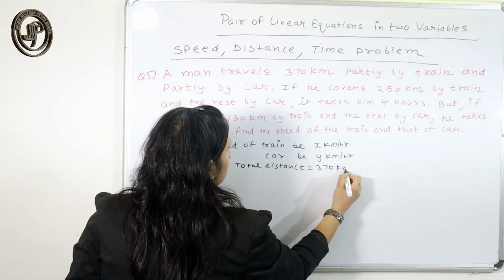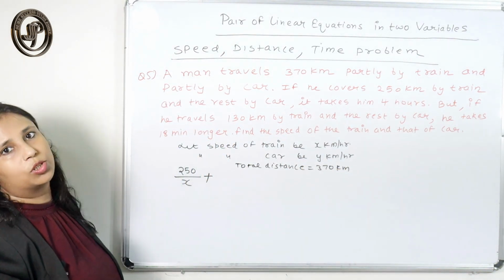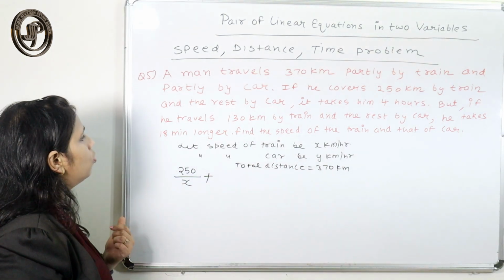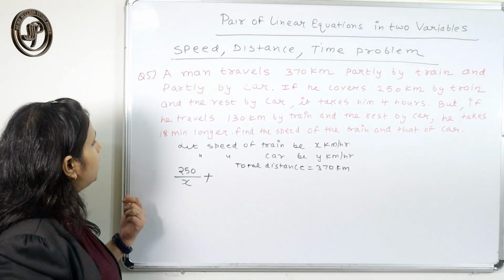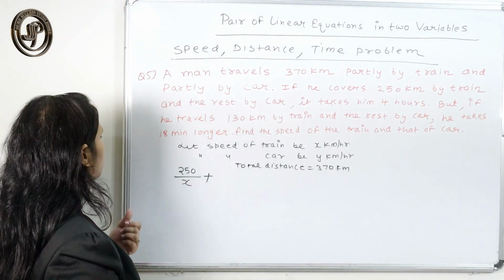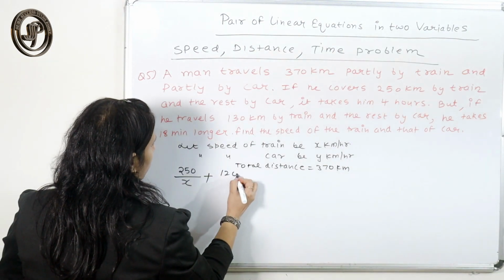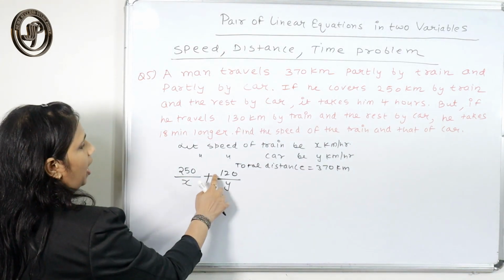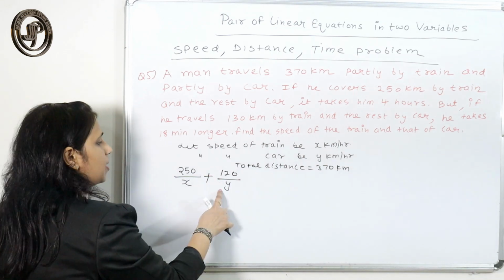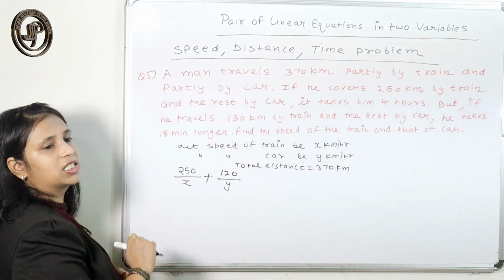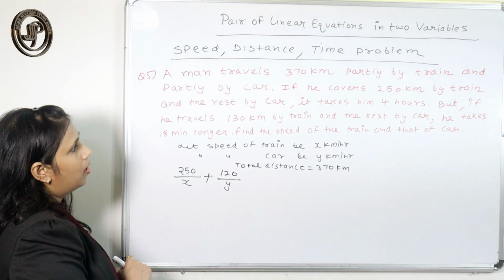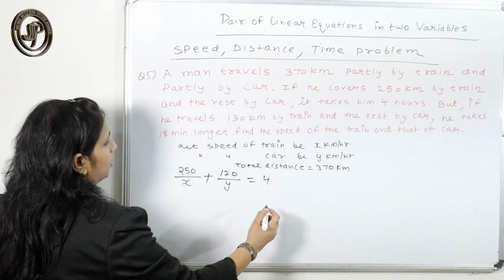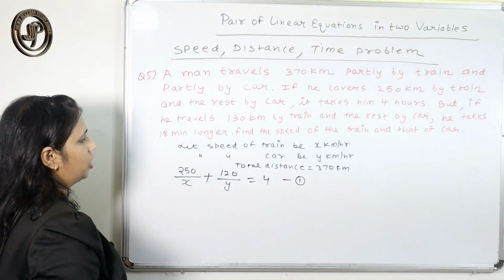So if a person covers a total distance of 370, 250 by train, then the rest by car, how much is left? 120 kilometers is left, that is by car. So that is the time taken by car, distance upon speed. That is the total time taken in his journey, which equals how much? 4 hours. That is the first equation.